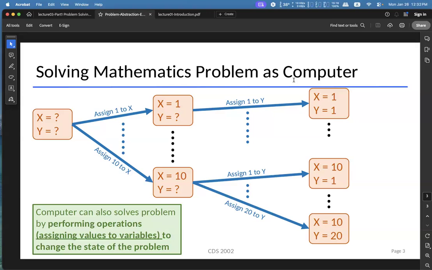As you can see here, when we program the computer to solve a problem in this manner, we are essentially letting the computer generate all the possible solutions and check them one by one. This behavior is the reason why we call this a search.